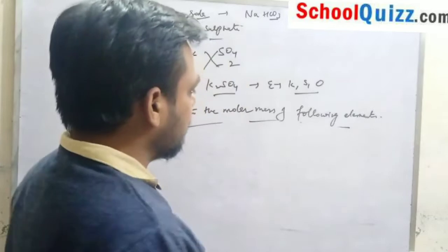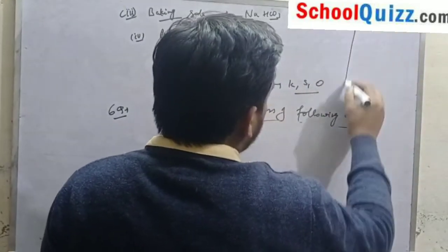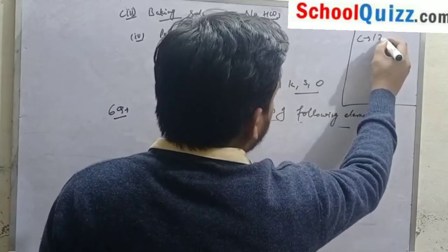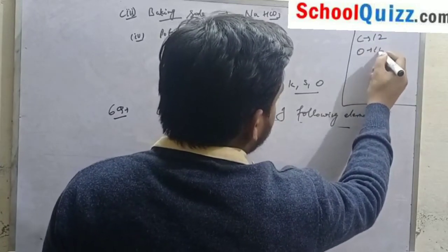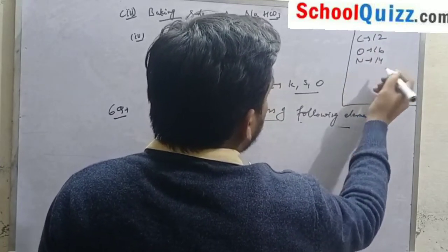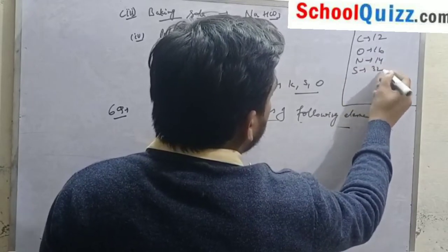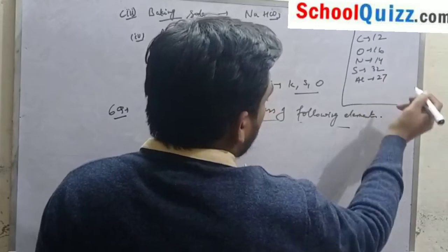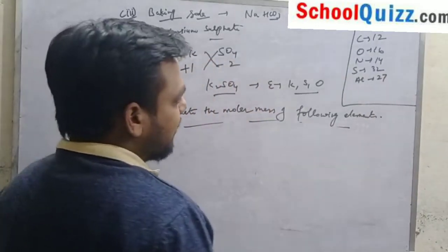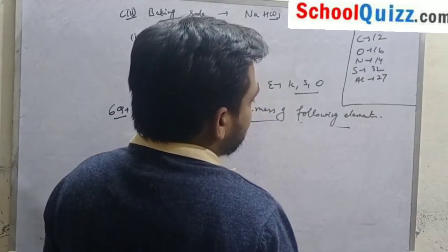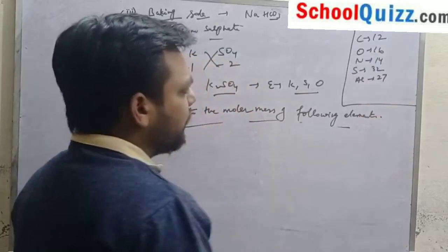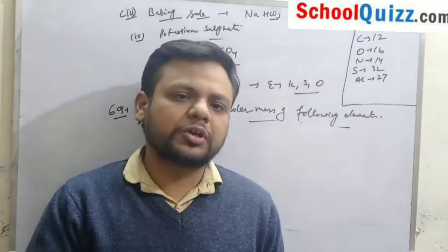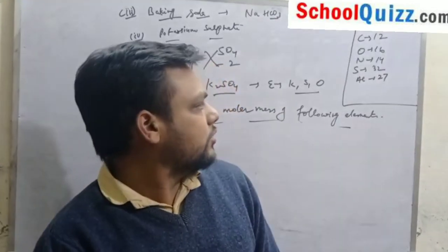Like I told you to learn: atomic mass of carbon is 12, oxygen is 16, nitrogen is 14, sulfur is 32, and aluminium is 27. In most cases it is given, but you can remember it. These five are the mostly used atomic masses, so you should remember them.